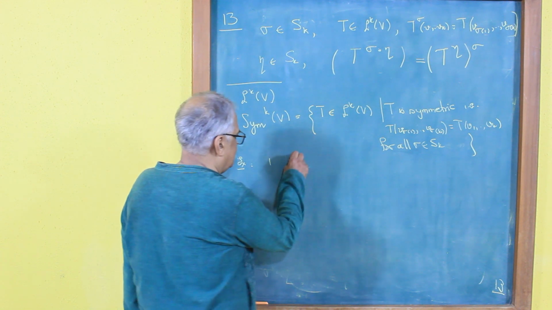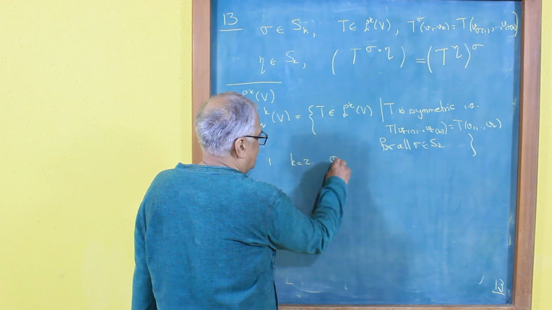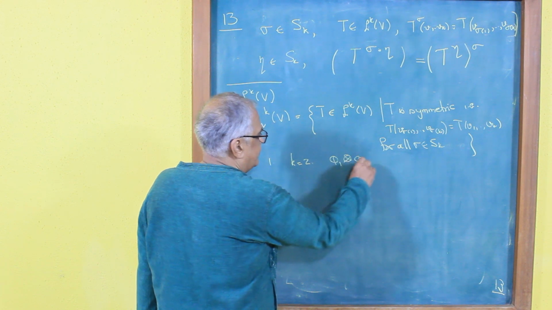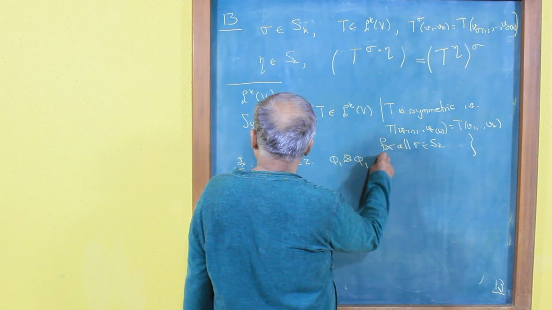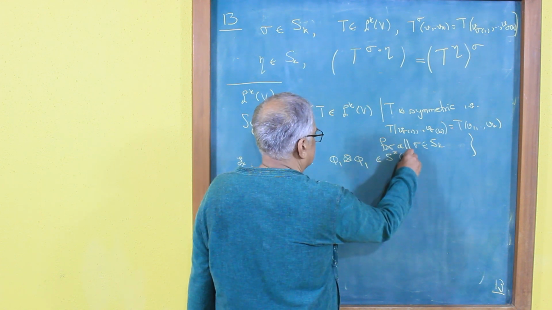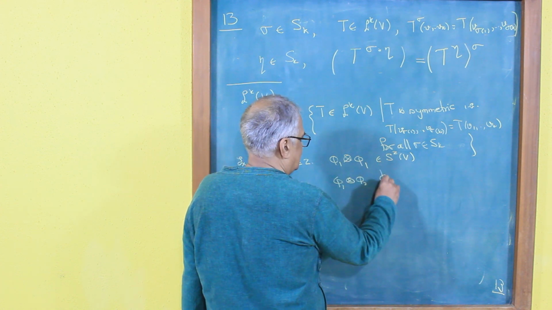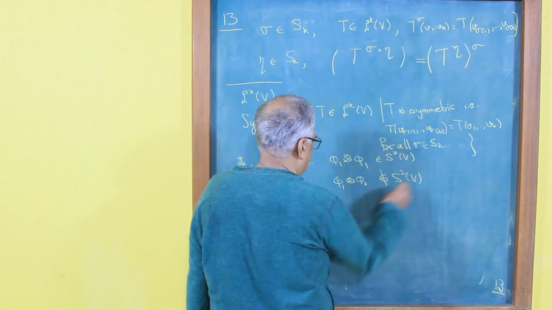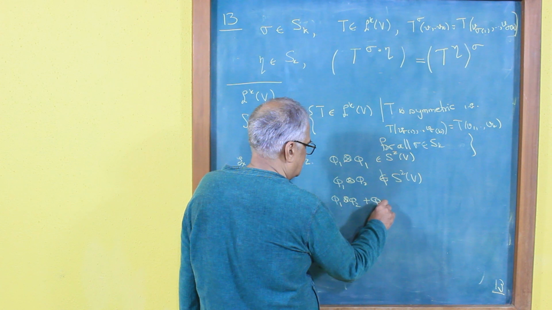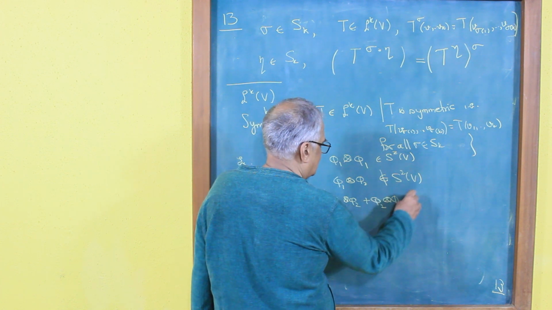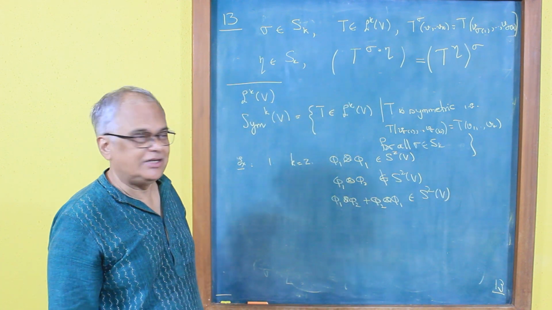if k is equal to 2, then phi1 tensor phi1 is symmetric.